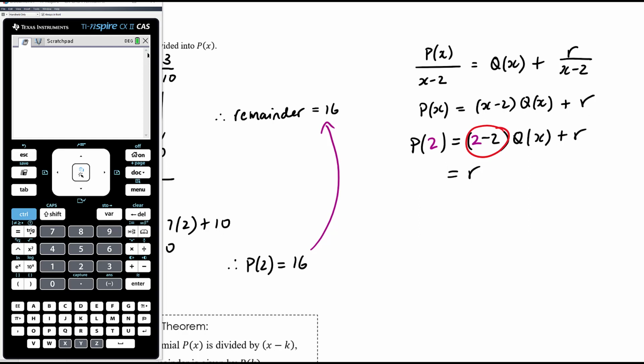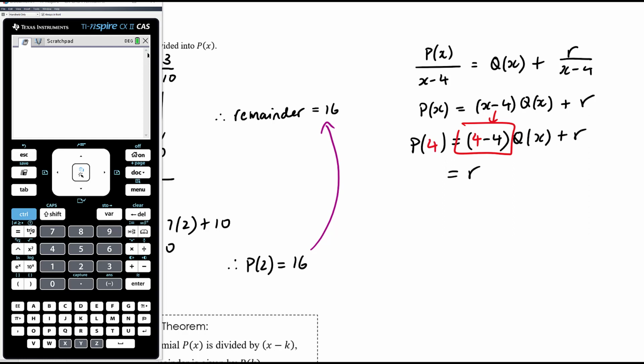Okay, so if we were dividing by x minus 4, for example, then P of 2 wouldn't give us the remainder. It would need to be, what value can I sub in here to make it 0? So it'd need to be 4. So P of 4 would give the remainder.